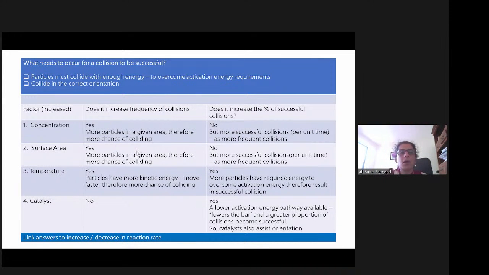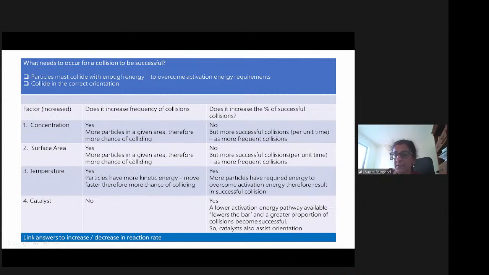So again, factor increase. When you're writing your answers, if the concentration is increased, there are more particles in a given area, therefore more chance of collision. If the surface area is increased, more particles are exposed. The only difference between concentration and surface area is that when you increase the concentration, more particles are available to react.